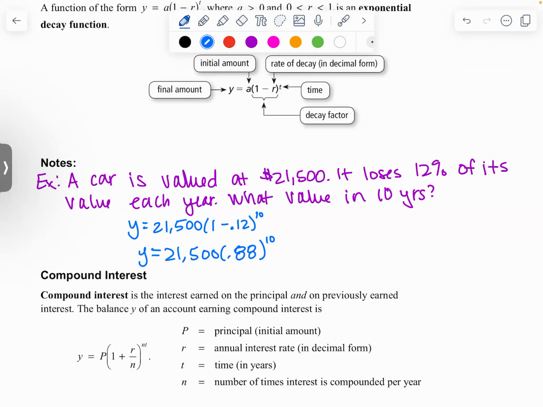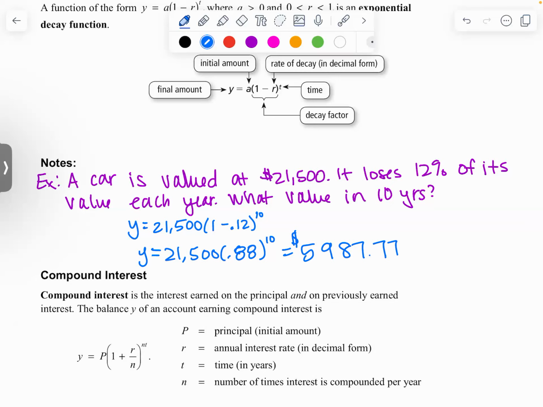You had to round up. 5,987.77. That's not what you got in your calculator? If you put in 0.88 to the 10th, you should get like 0.2785 and so on. Is that what you got, Brooks?